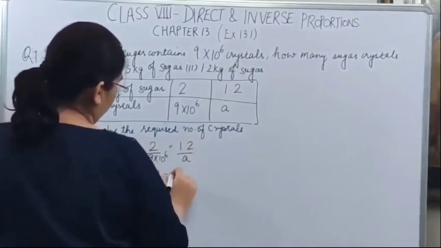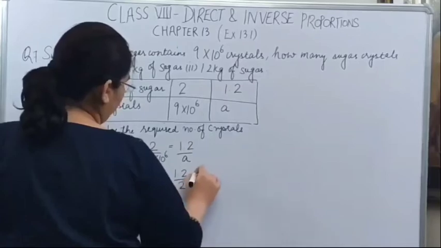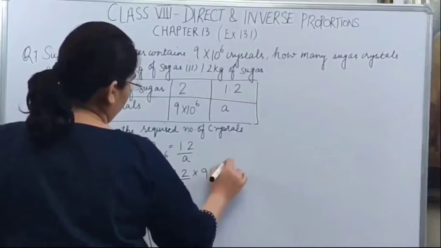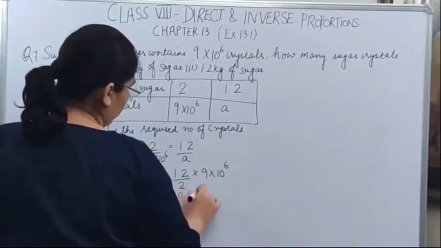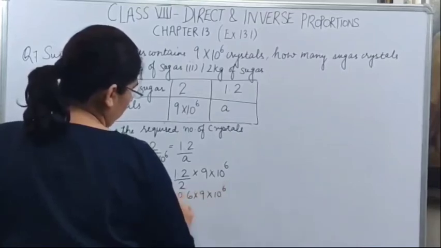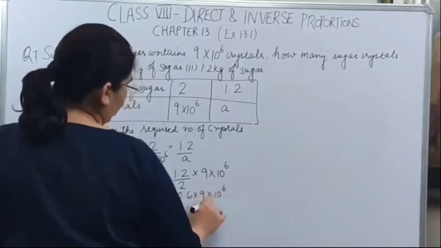Therefore, A is 1.2 divided by 2 into 9 into 10 to the power 6. This is 0.6 into 9 into 10 to the power 6. 9 6s are 54.